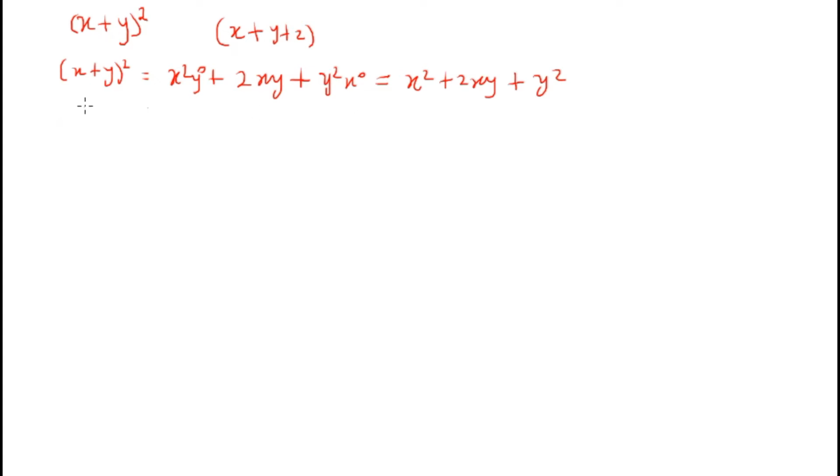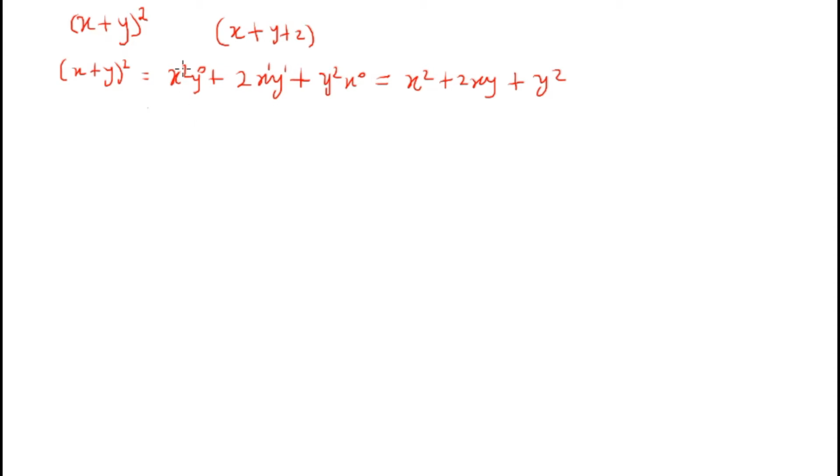Actually, when expanding a binomial, one power increases and the other decreases. Just like we had x squared and y raised to power 0, and then x raised to power 1, y raised to power 1. That means x decreases its power from 2 to 1, while y increases its power from 0 to 1, and then x decreases to 0, while y increases from 1 to 2, which is the final.